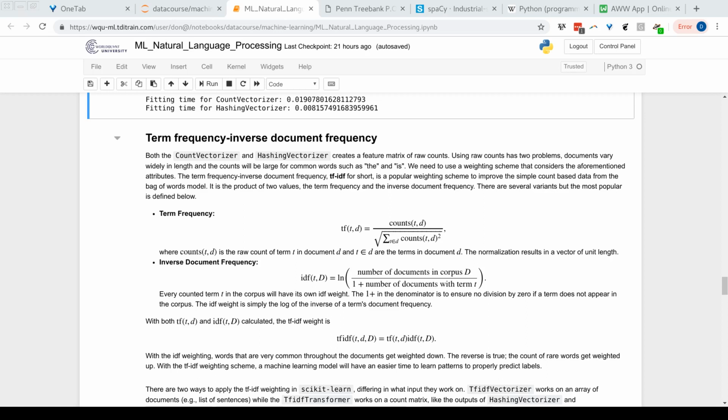So we have two problems here. Documents are going to vary widely in size, so we've got to consider that. We also got to consider some sort of weighting scheme, one that's going to preferentially weight certain words that we believe are more important over other words that we understand aren't as important.